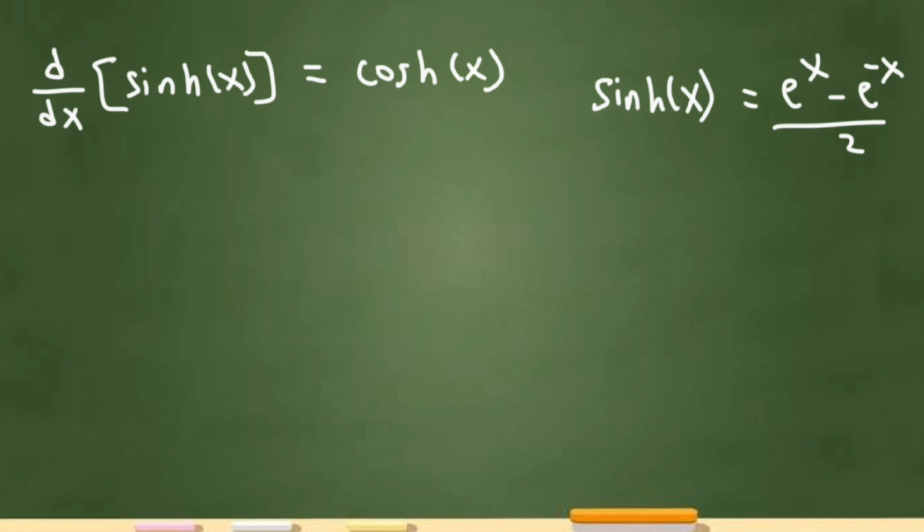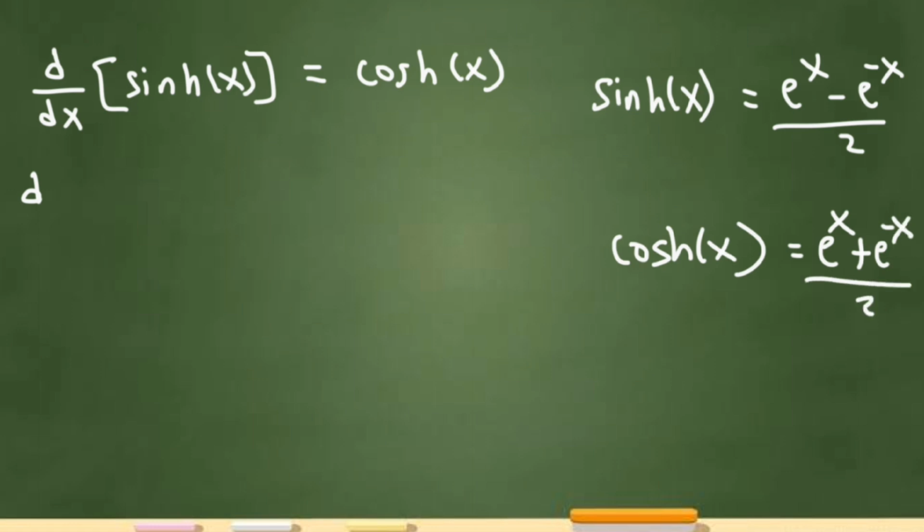But that is the correct formula, so that's hyperbolic sine. And hyperbolic cosine is the same thing, but the only difference is we're going to have a plus sign instead of a minus sign. So to differentiate hyperbolic sine, we're differentiating that expression, e to the x minus e to the negative x over 2.